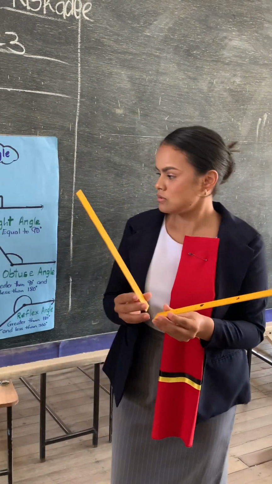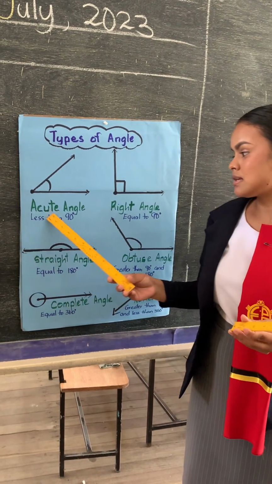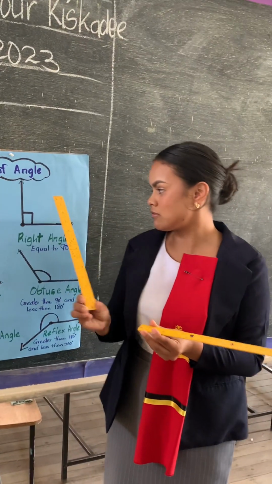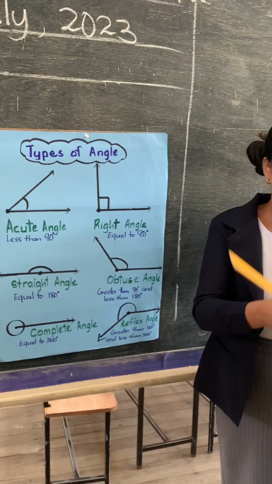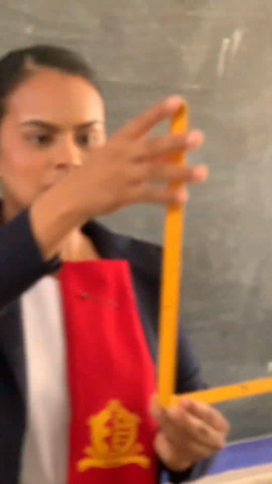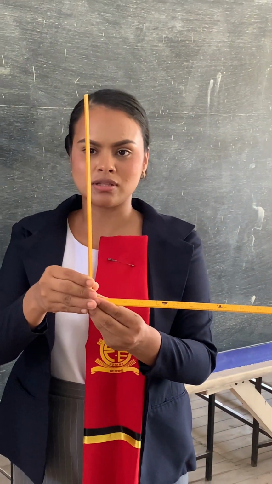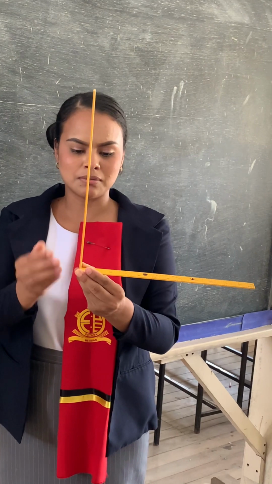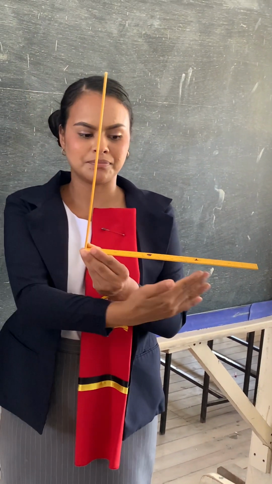So now this one here, the acute angle, it says it is less than 90 degrees. So this one here is 90 degrees, which is the right angle. So the right angle is equal to 90 degrees. It must be straight. It doesn't twist, it is straight up, right? So when you put it on a protractor, it will show that it is 90 degrees.